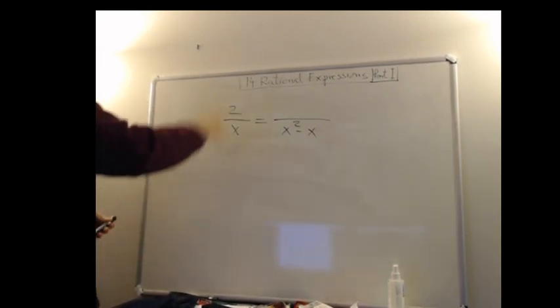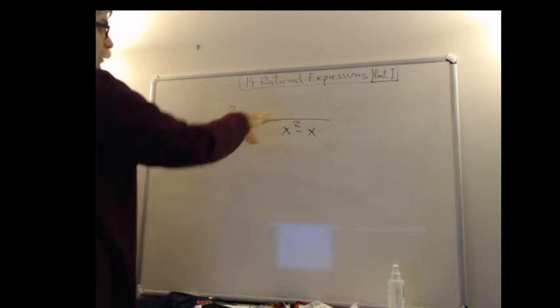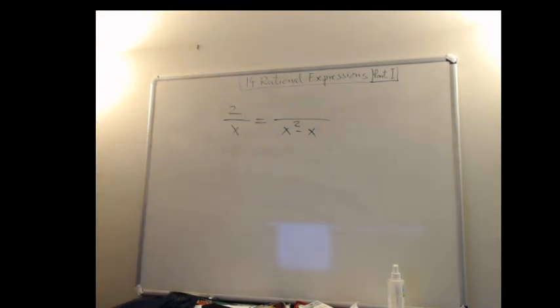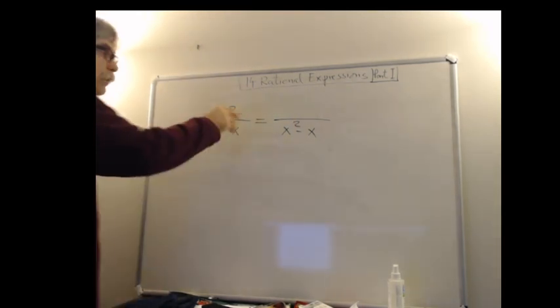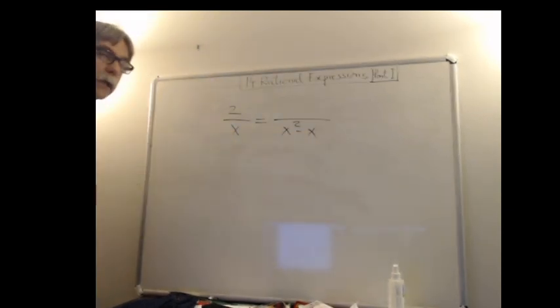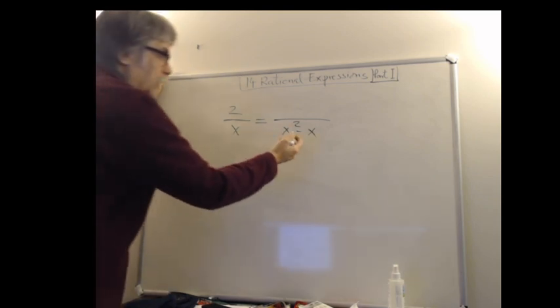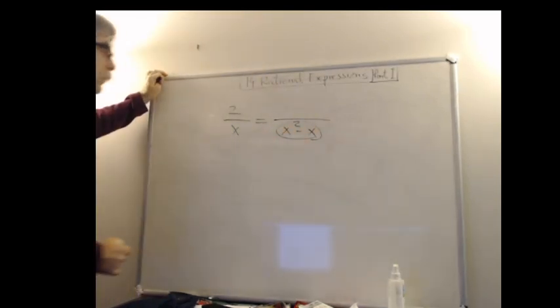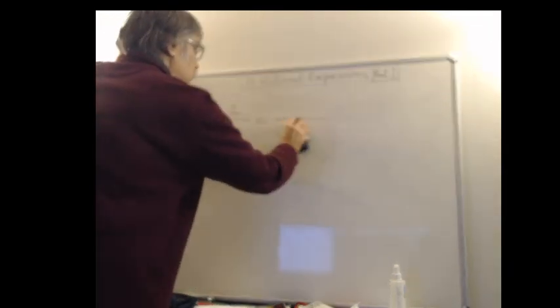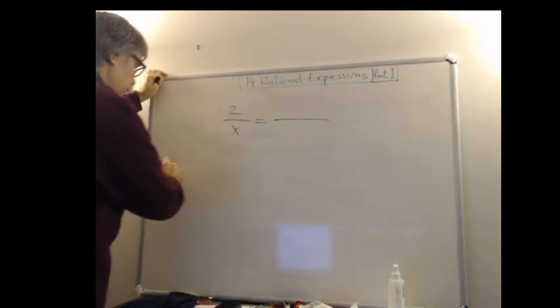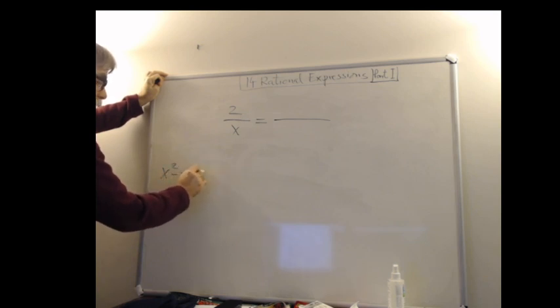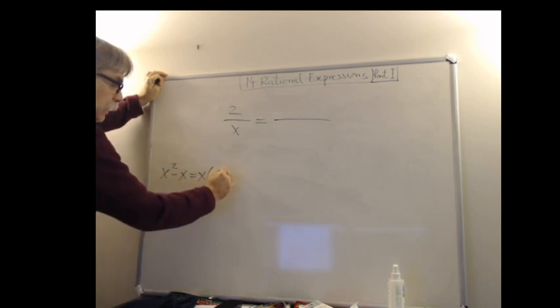Now the question is how you're going to do that. And sometimes people think, oh, okay, I have an x squared, I just multiply with an x and that's it. Actually, no. You have to really figure it out. How is this made out of this guy? And to do that, you need to do the factorization here. This guy ought to be factorized. X squared minus x is equal to x times x minus 1.